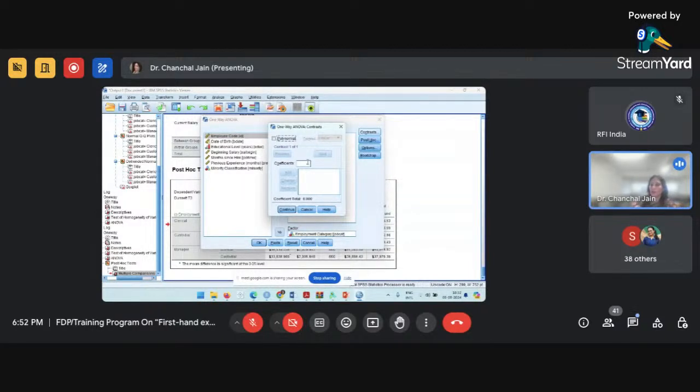But we know the limitation of the t-test. Can anyone repeat the limitation of the independent samples t-test? Test value average 100. No, I'm asking what is the limitation of the independent samples t-test?